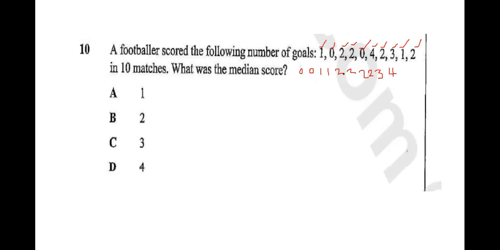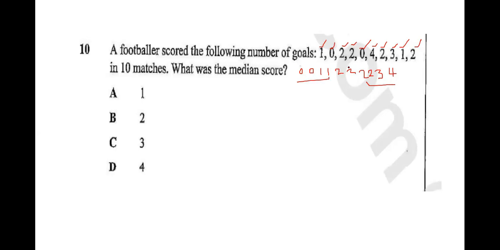Then you just check the number which is in between. Since they are 10, you count 1, 2, 3, 4 from the start. You also count 1, 2, 3, 4 from the other end. Now, if you count 1, 2, 3, 4, 5, you end there. Again, if you count 1, 2, 3, 4, 5 from the other side, you end there.